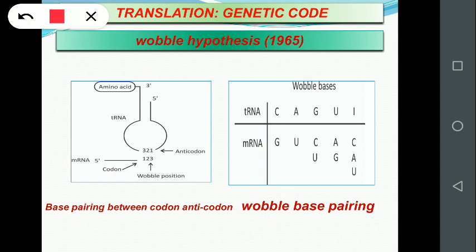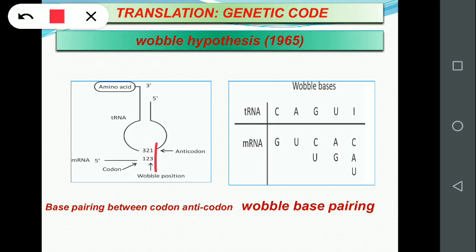The interaction between these two is not perfect, so it doesn't obey the Watson-Crick base pairing rules. Whereas the first two bases of the codon and the last two bases of the anticodon base pair and obey strict Watson-Crick base pairing rules. There is no choice for them.